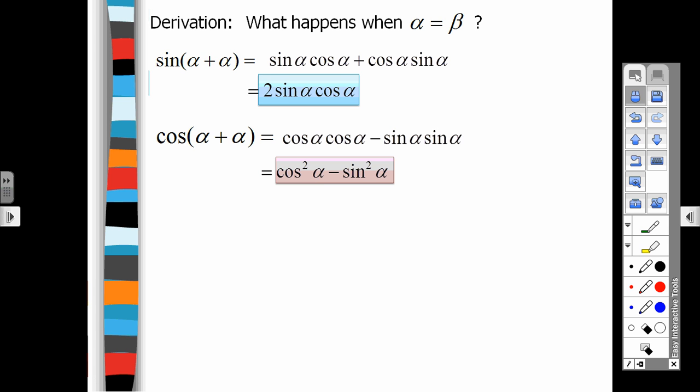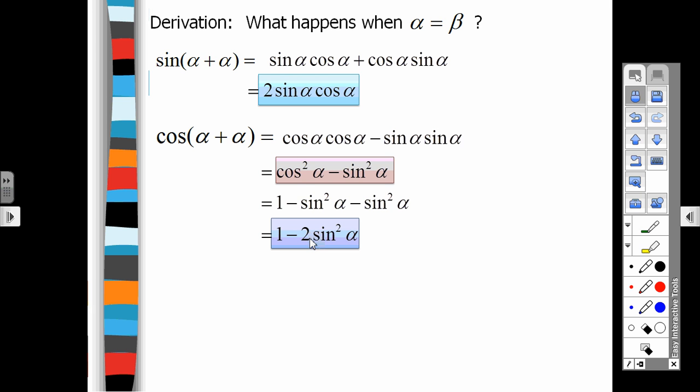That's using our Pythagorean identity. So this turns into 1 minus sine squared alpha, and then we still have the minus sine squared alpha. These two combine to give us 1 minus 2 sine squared alpha. So that's one of the alternate expressions.